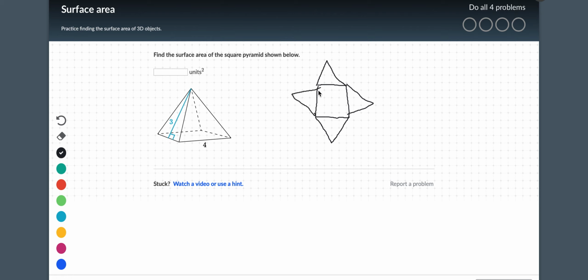Alright. So, as you can see, this bottom line here is 4, which means that this line is also 4. And this height here is 3, which means all the heights here are 3.